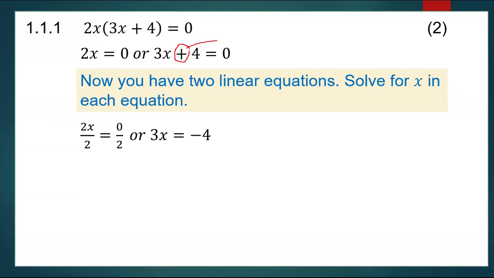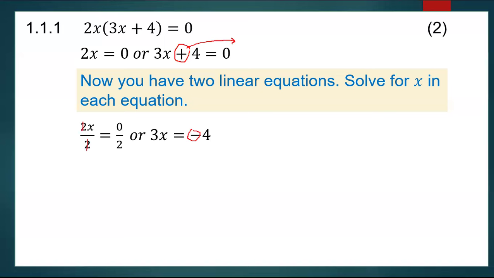So when you move it to the right-hand side, it will be negative. Notice that in the first equation, 2 divided by 2 will give you 1, and 0 divided by 2 will give you 0.